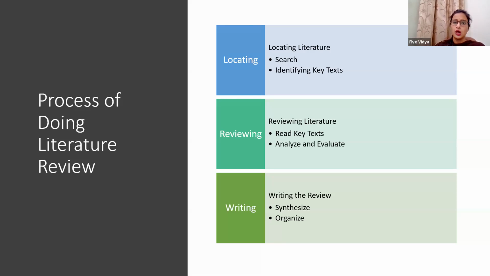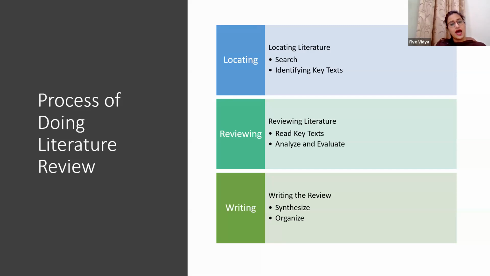Then once you have all the literature available with you, you have to review it. Again, you need to find the keywords, like your research is related to consumer behavior. So whatever literature you have identified and finalized, you need to review it and check whether it is talking about consumer behavior or not.